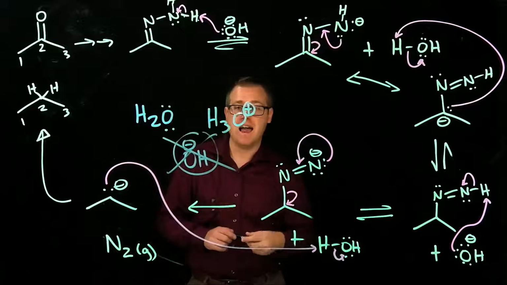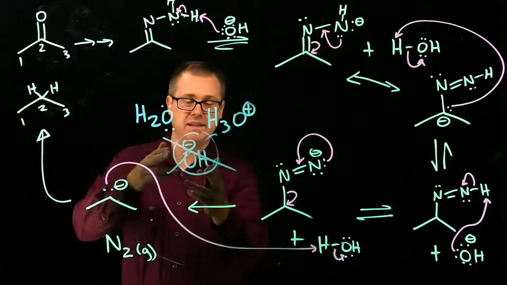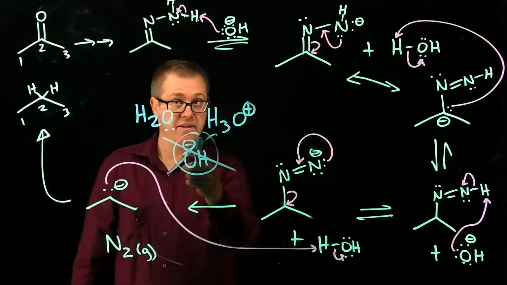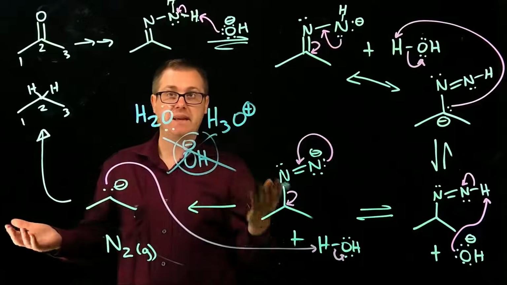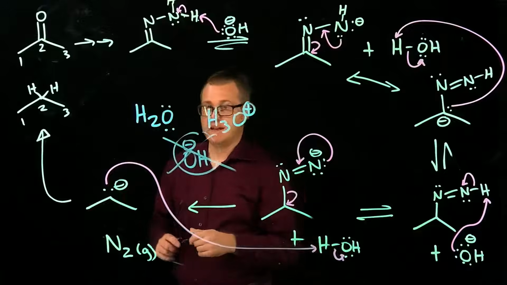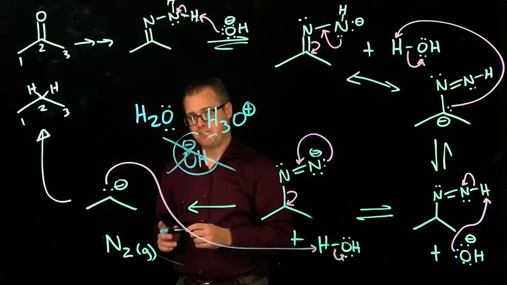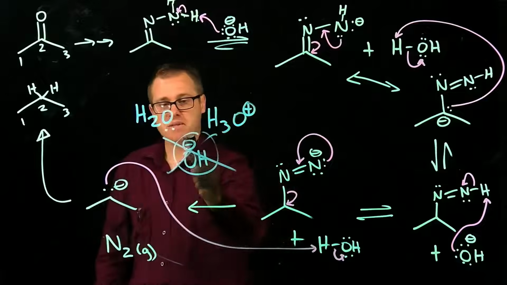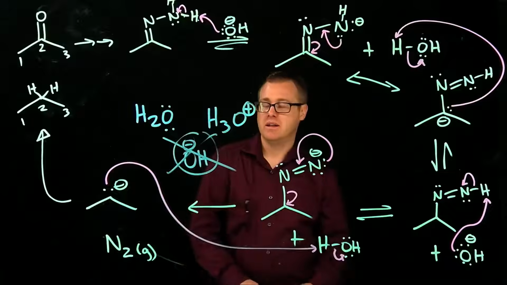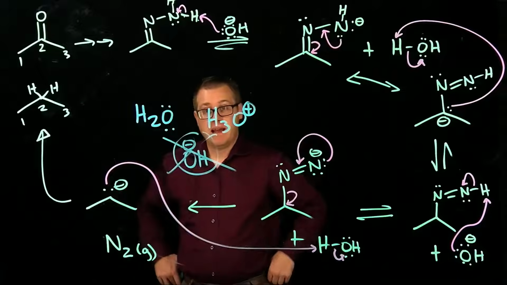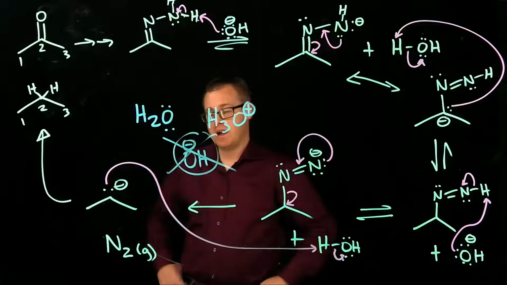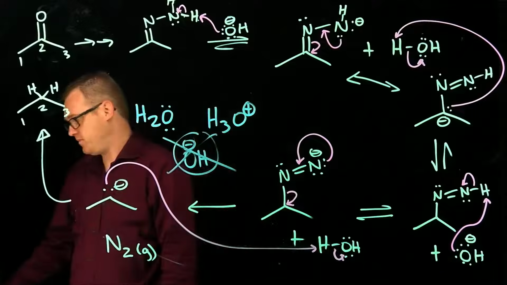You cannot have negative species in an acidic environment because this negative charge right here is basic. And you can't have a basic species in an acidic environment, or something with a negative charge. Okay, so that's just a reminder. When you're going through mechanisms, pay attention to your species and their charge states and what kind of conditions you are in.